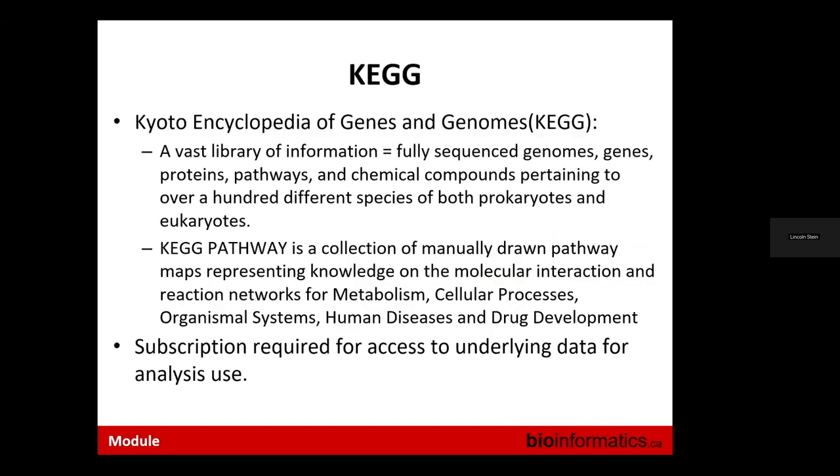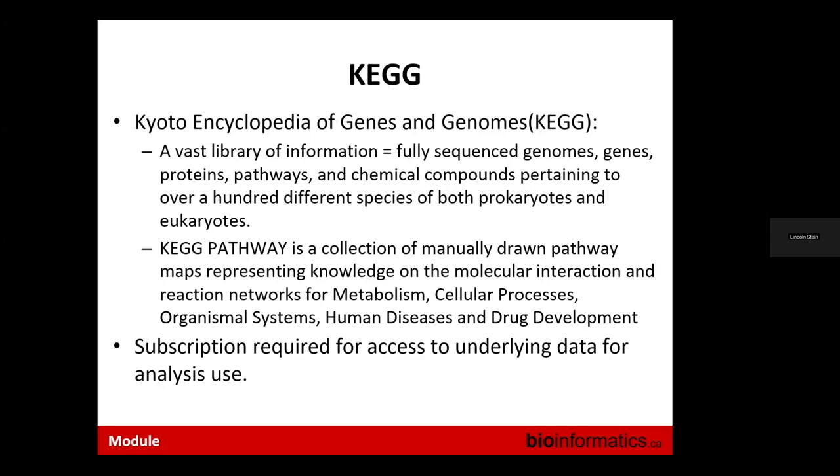The older of these two is KEGG, a long-standing, I think it's a 30-year project out of the University of Kyoto. It's a really large library of genomes, genes, proteins, pathways, and chemical compounds across hundreds of different species.